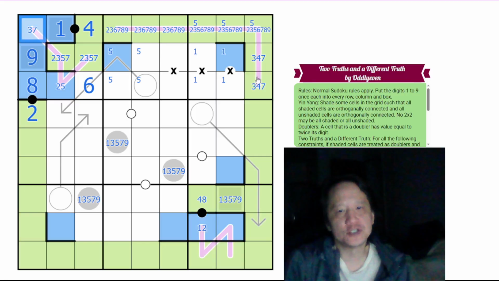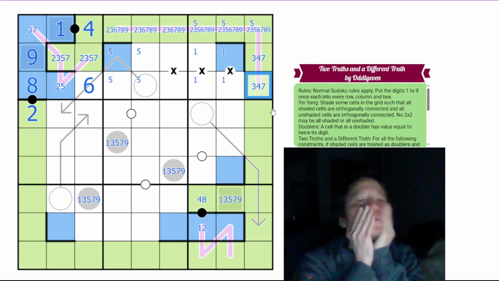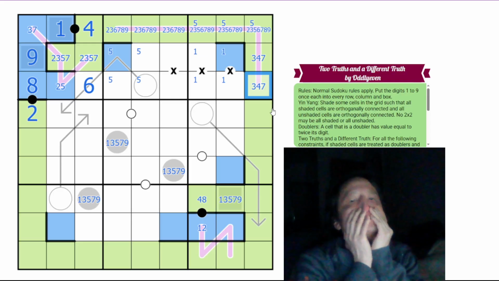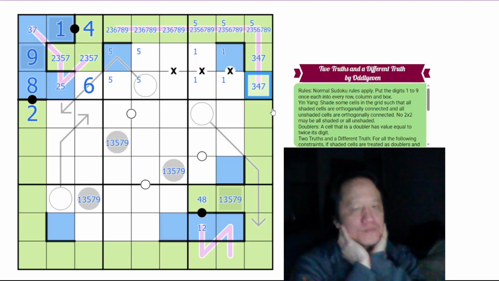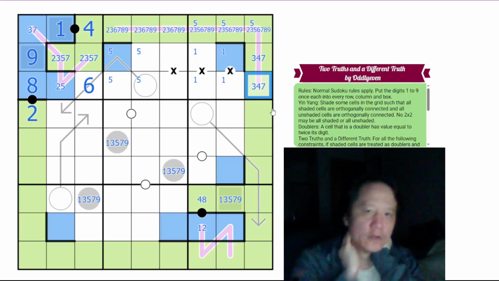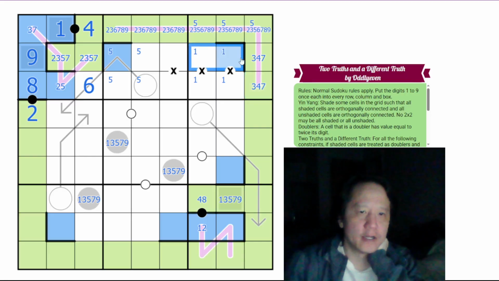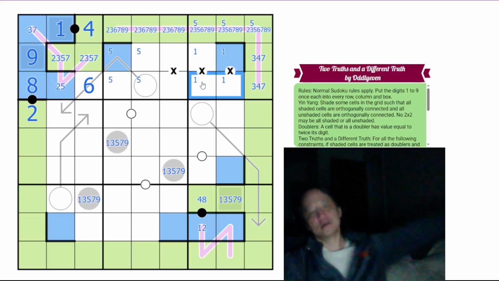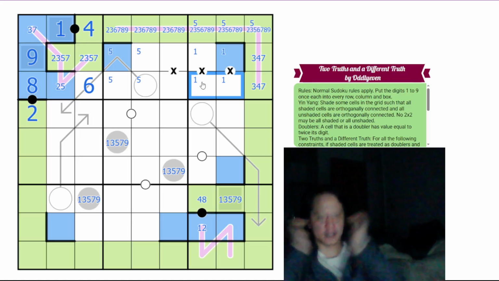So this digit here, well, it doesn't have to be that one. It could be here. So 9 cannot be here. 8 can't be here. Interesting. So if 1 is here, it's with 8 doubled. If 1 is here, it's with 9 by itself. That's kind of fascinating.